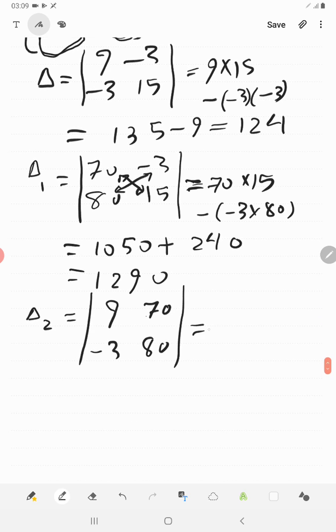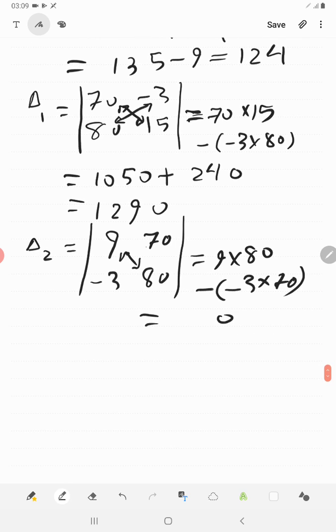So this will be 9 times 80 minus minus 3 times 70. 9 times 80 is 720, and minus times minus is plus, 3 times 70 is 210, so it will be 930.